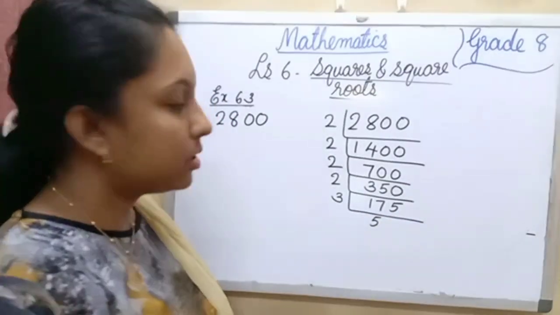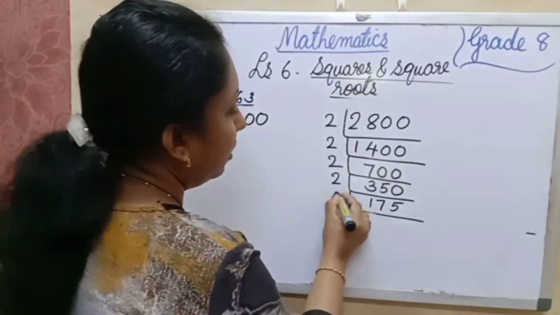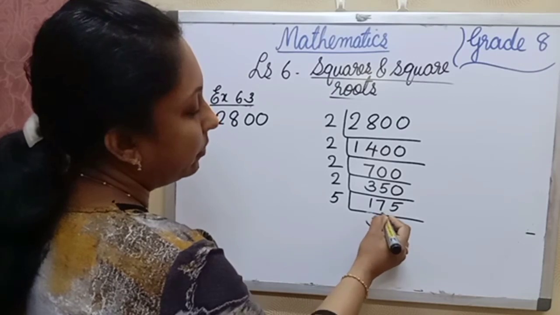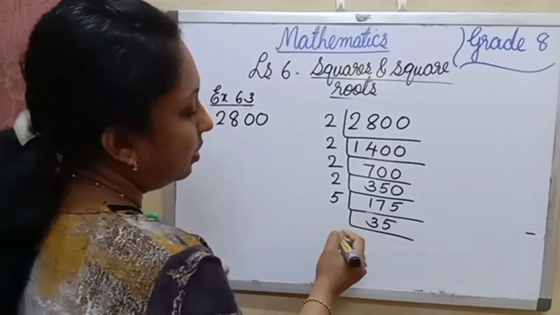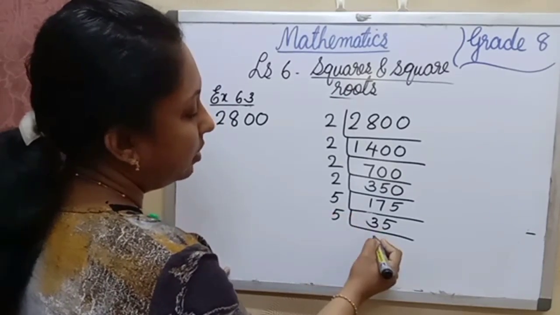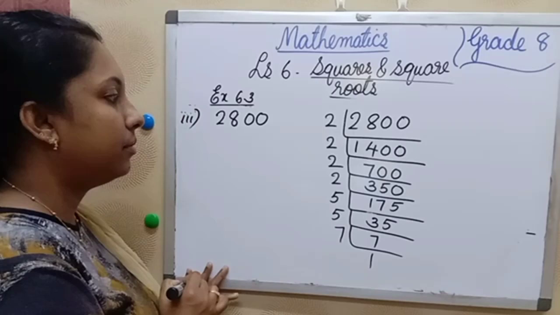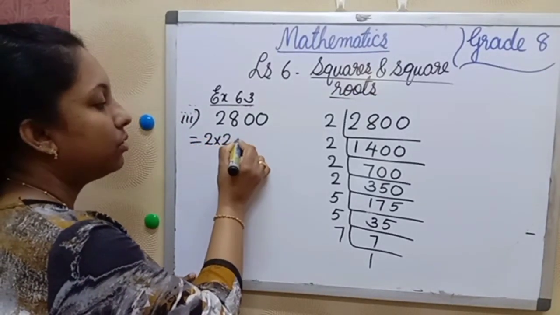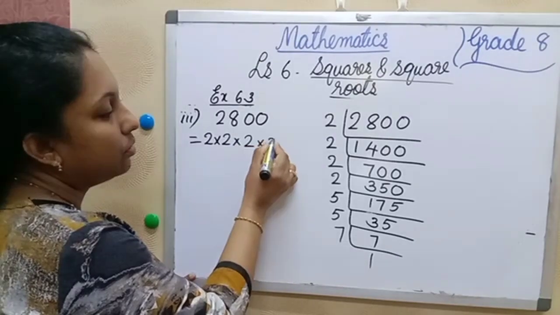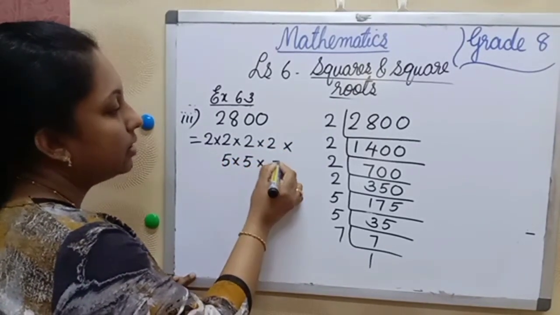Then 3 is not possible, so we can divide it by 5. 5 threes are 15, then 5 fives are 25. Then again 5, 7, then 7, 1. So 2800 is equal to 2 into 2 into 2 into 2 into 5 into 5 into 7.